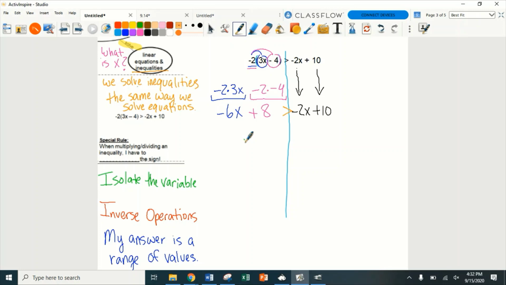I'm going to do the opposite of what I see. So here I see minus 2x. The opposite is plus 2x. What I do to one side, I have to do to the other. Here, negative 2x plus 2x is my zero pair, so it cancels out and it goes away.